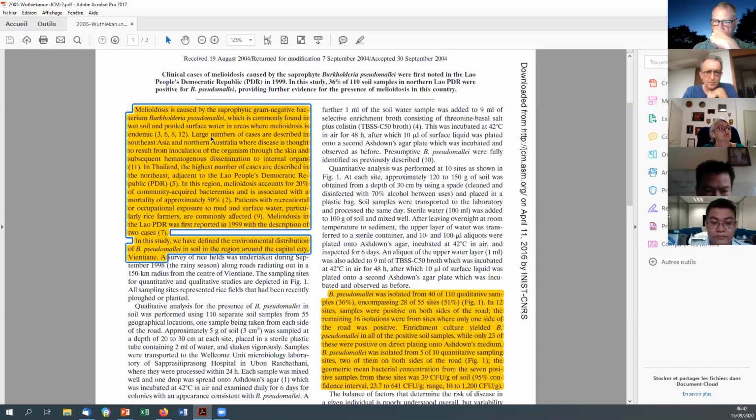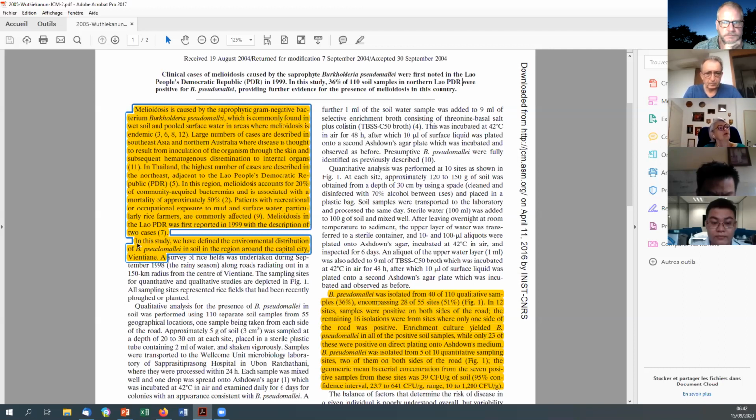We have some information about the geographical area, some more information about Thailand. You know, you get a lot of cases of this disease in Thailand. And you have some points about who is exposed to this illness. And then we finish with a sentence which tells us that it was first reported in 1999.